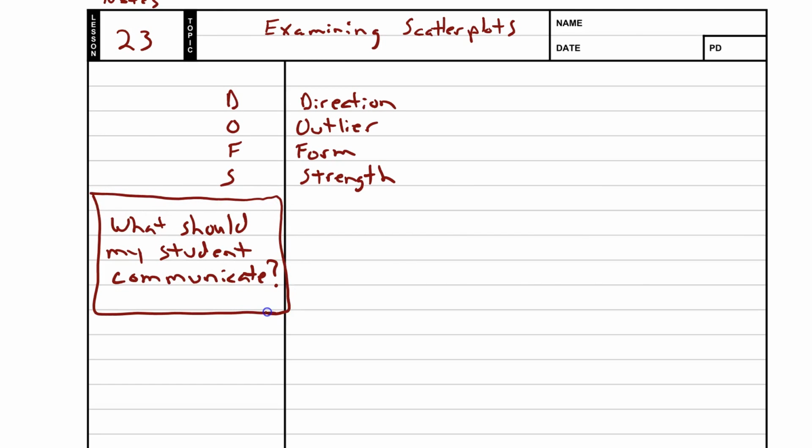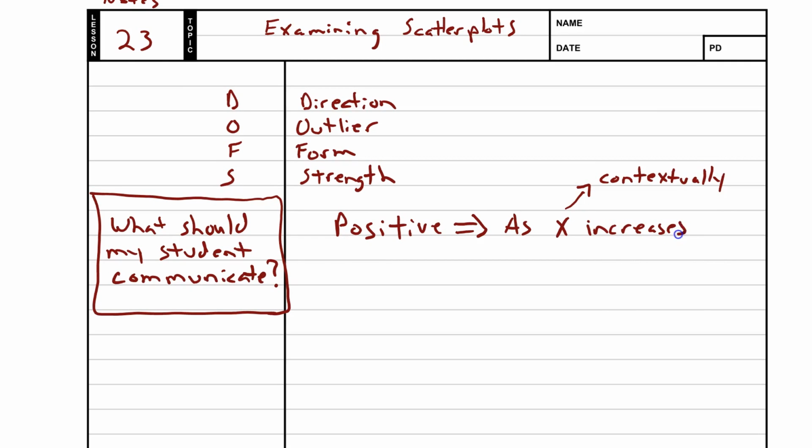What I want my student to be able to say is, whenever we have a positive trend, a positive relationship, I want them to be able to state that as X increases, and by X increases I mean contextually, with words from the problem, as X increases, Y increases.